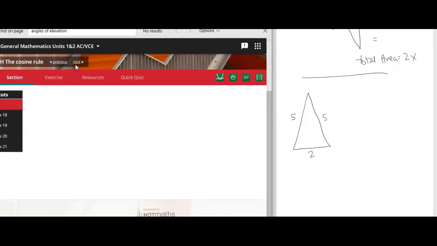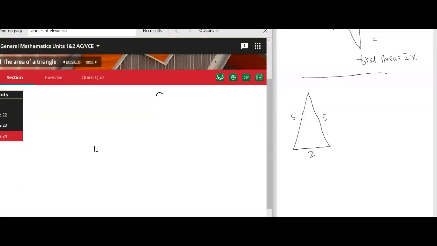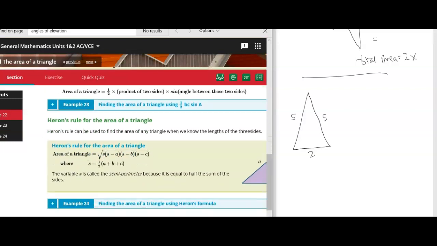We want the section for 11i. Okay, scroll down to Heron's formula.